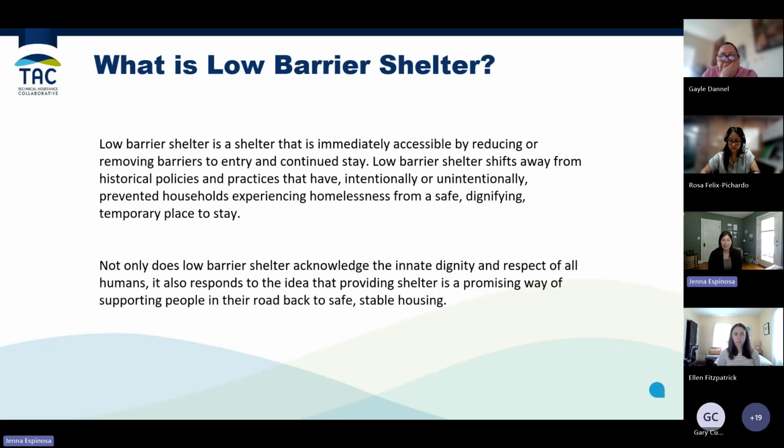And the reason I say intentionally and unintentionally is because most of the time in our work, we see shelters unintentionally created barriers because they have policies or environmental characteristics or services that are really because of their funder, or because of reacting to maybe a situation or event that had happened in shelter. So it really was designed to mitigate specific instances or concerns, but what that's led to is additional barriers to people entering or being able to stay in shelter. And we're going to talk about what impact that has had.